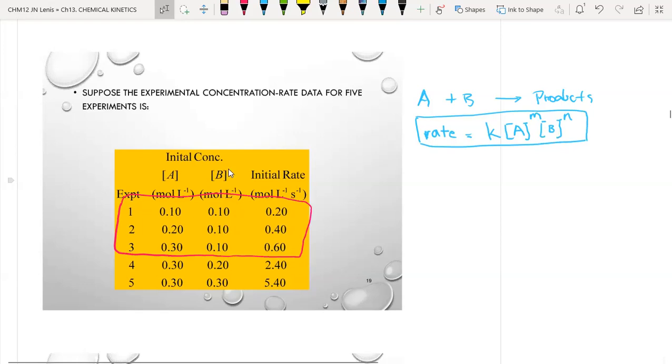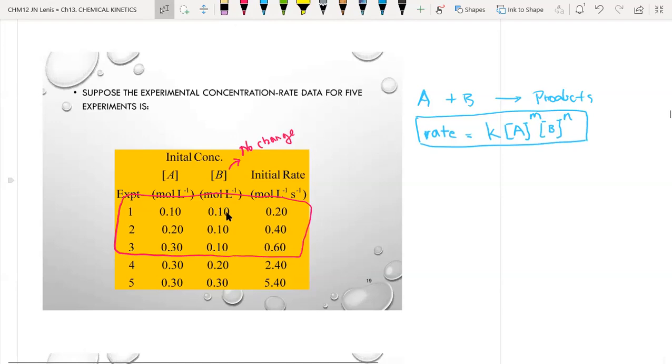Yes, this one is kept constant. Let me change the symbol because you can get confused with the K we have in the equation. What I mean is constant, not changing.